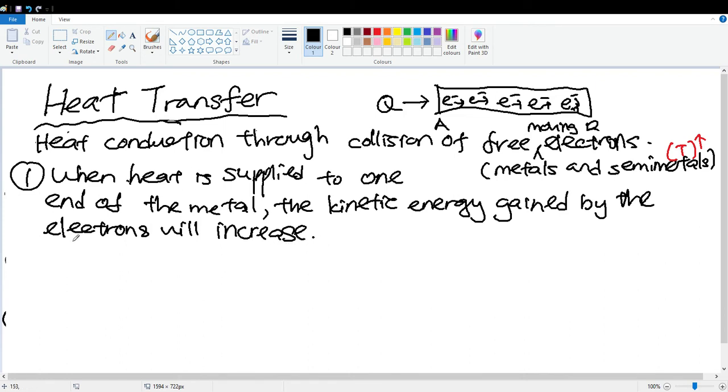As for the second statement, the increase in kinetic energy causes the speed of the electrons to increase, and the electrons will collide with the other electrons. This one will collide with the next one, and the third electron will collide with the fourth electron, and so on.